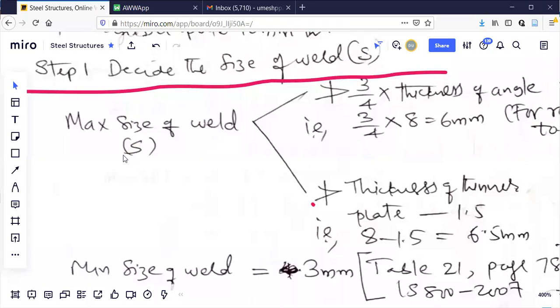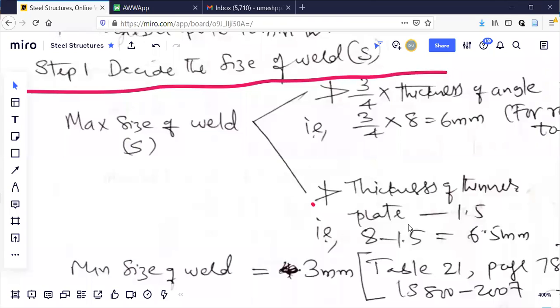How to decide maximum size of weld? You can see 3/4 of thickness of angle. 3 by 4 into 8. Angle is 8 mm thick, 100 into 75 into 8. 8 is the thickness of the angle section. 3/4 is 6 mm. So the size of the weld should not be more than 3/4 of the thickness of thinner plate.